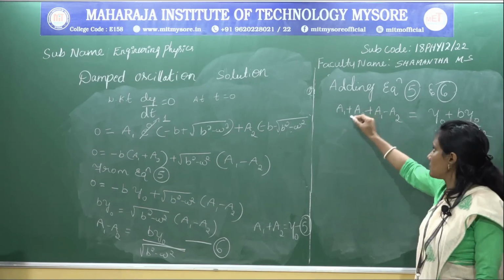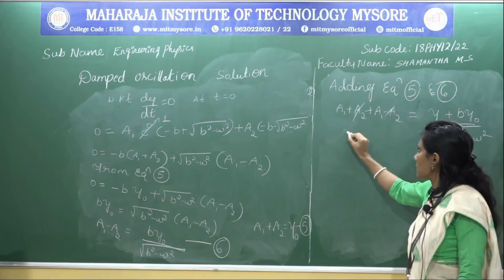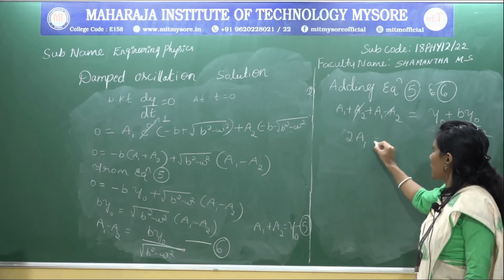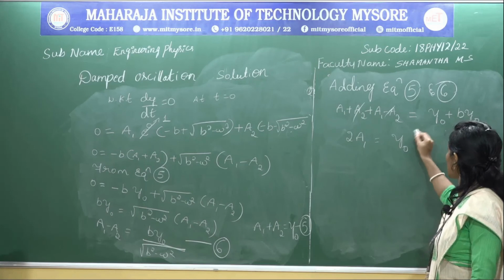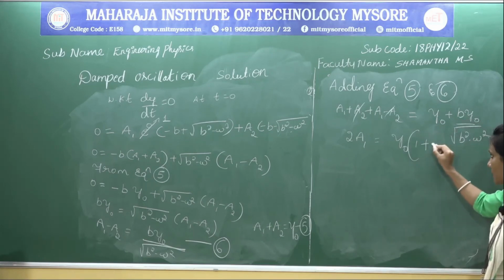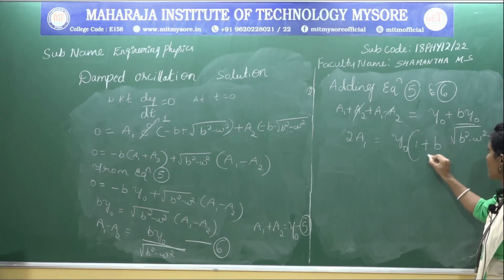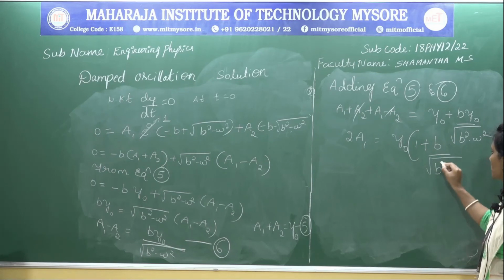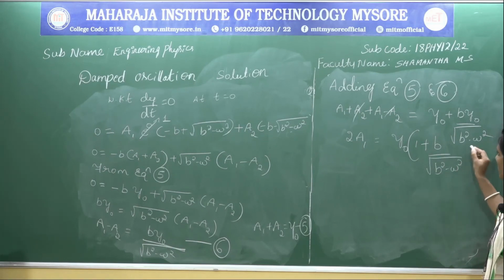The a2 cancels, and it becomes 2 a1. Y naught is common, so we can write 1 plus b divided by root of b square minus omega square.